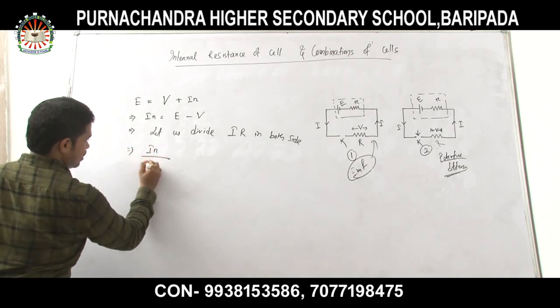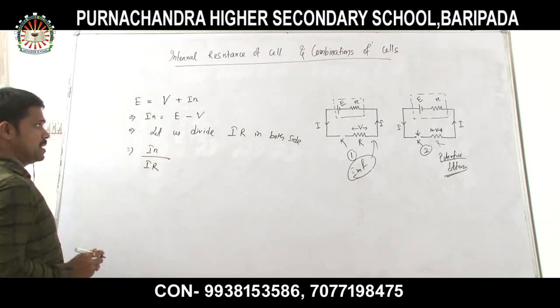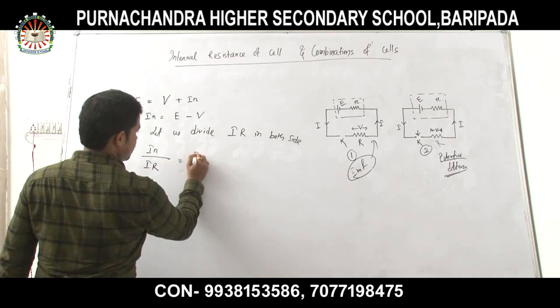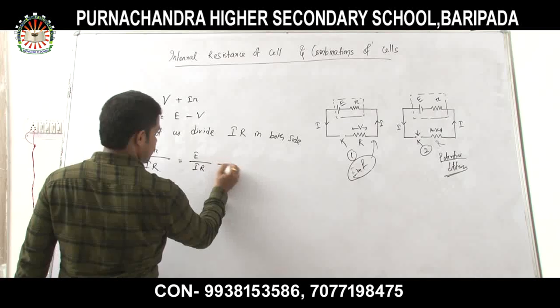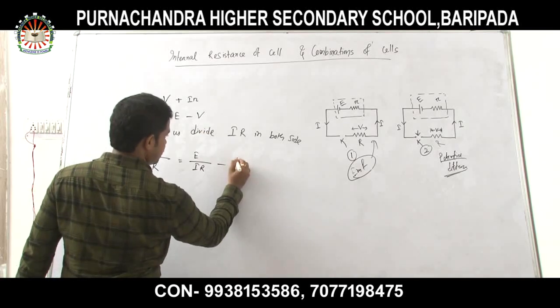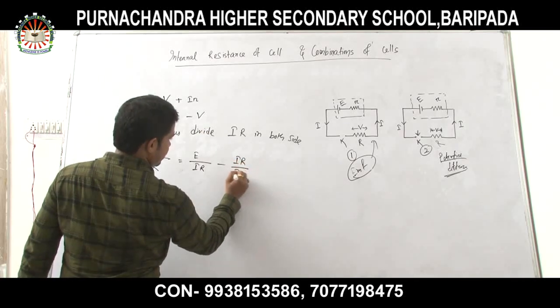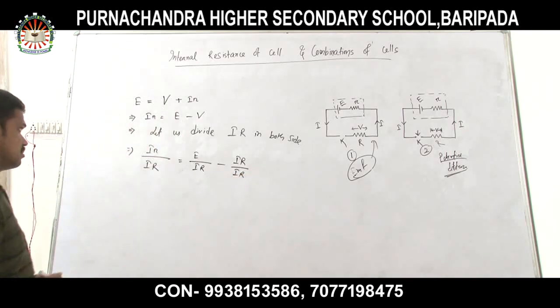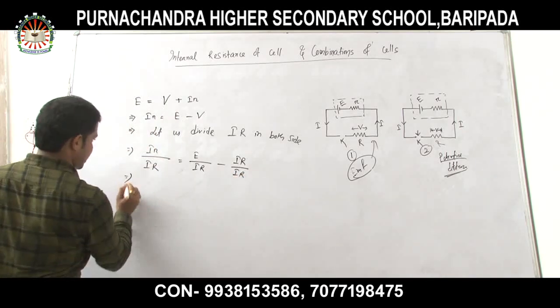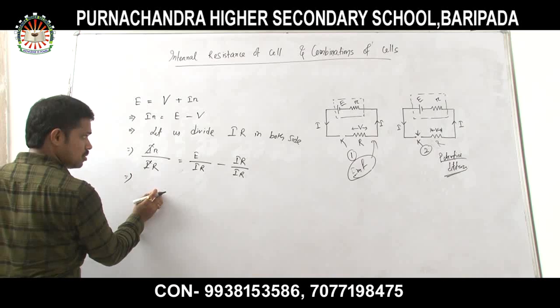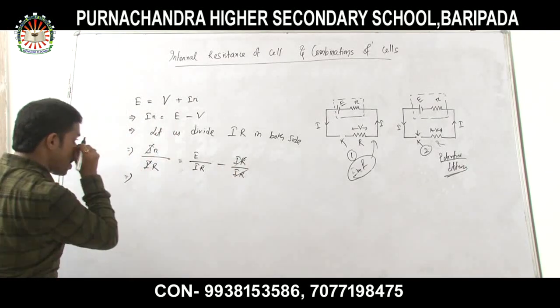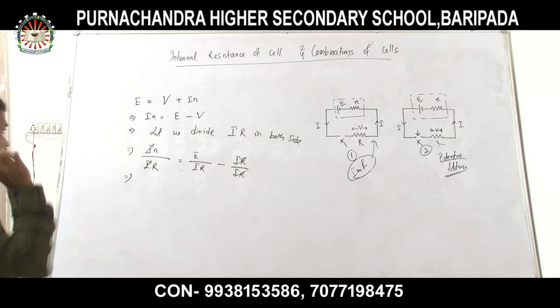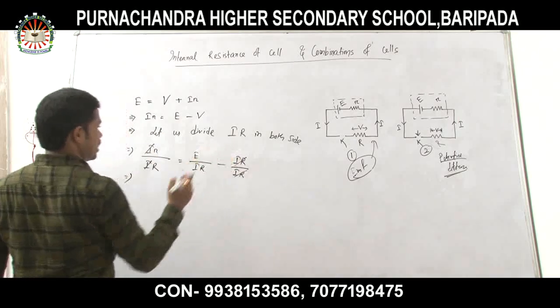The Ir divided by I into capital R, that is equal to E divided by IR minus, this is V, this is V divided by IR. Clear? So that implies, now this is cancelled out. Okay, so now this is also cancelled out. So now what is left? Look at very carefully.